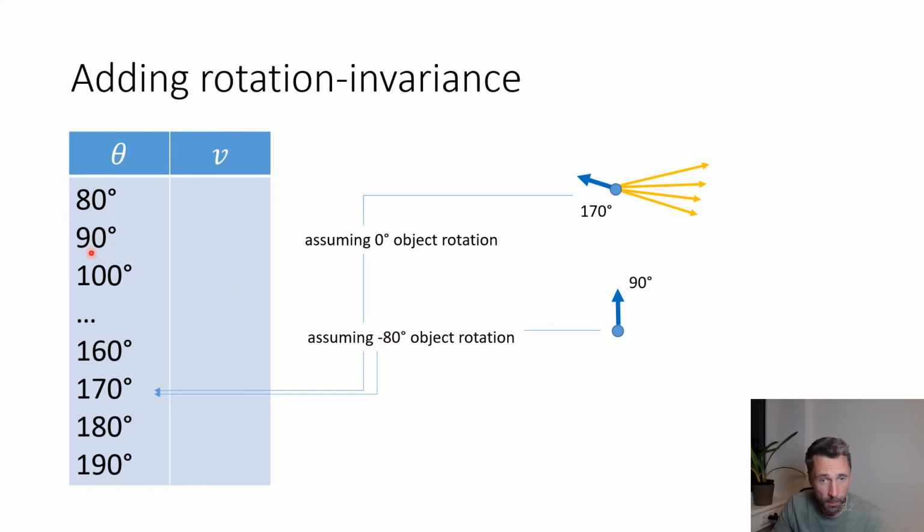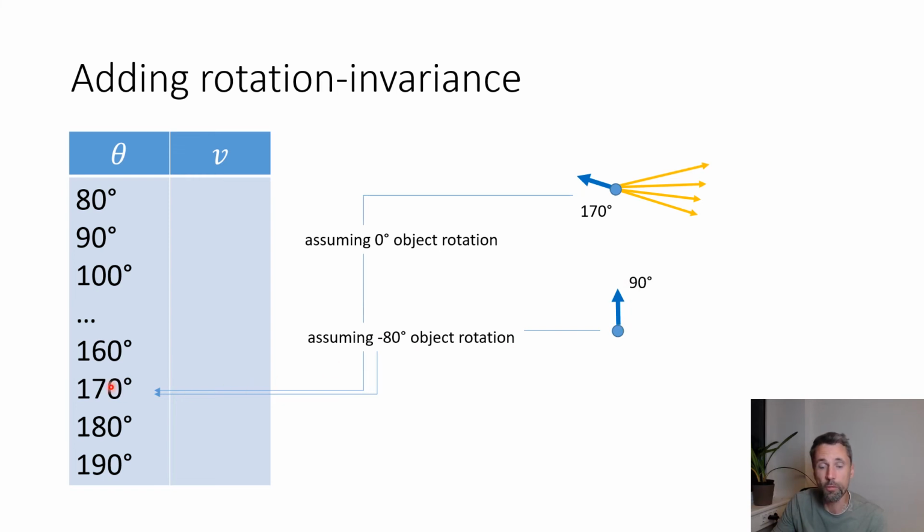we would not look up the 90 degrees line here. We would look up the original orientation, which would be 170, right? So 170 minus 80 is 90.